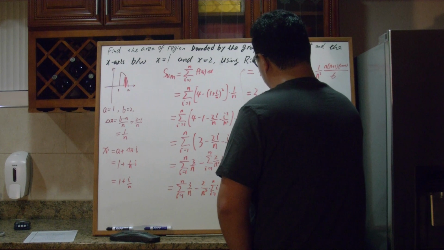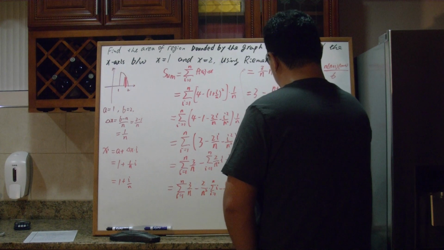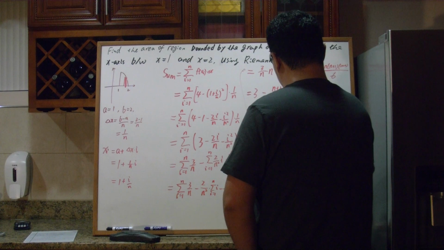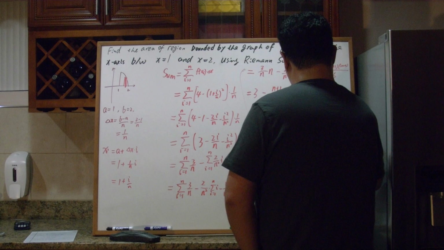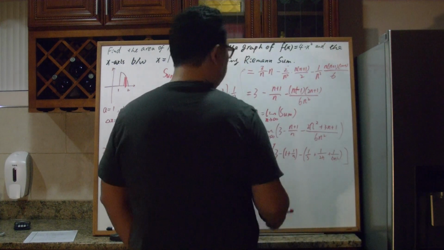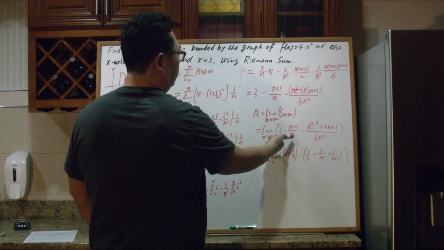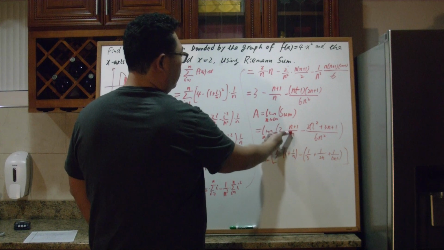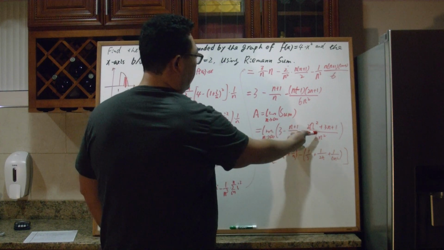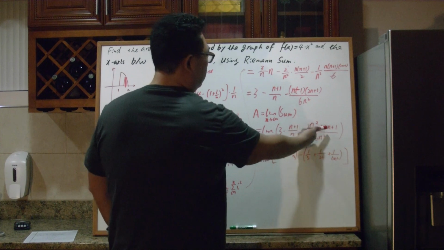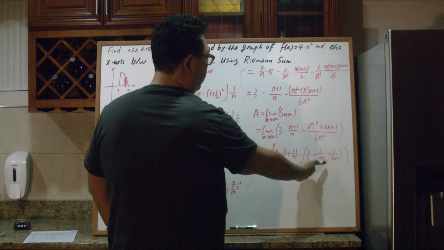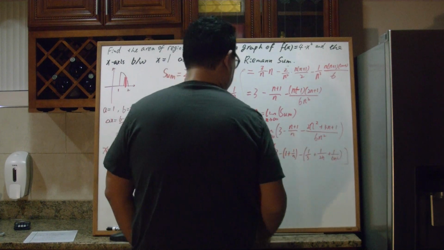Limit as n approaches infinity, 3 minus 1 plus 1 over n minus 1/3 plus 1 over 2n plus 1 over 6n squared. Just divide each term: divide by n, that's 1 plus 1 over n; divide by n squared, we get 2 over 6, which is 1/3. Then we get 1 over 2n, and the last one is 1 over 6n squared.